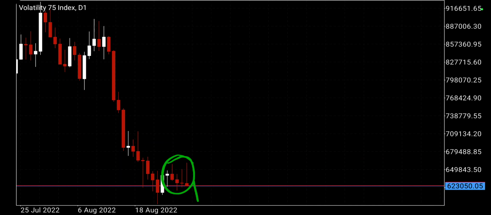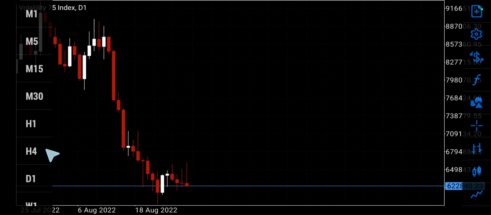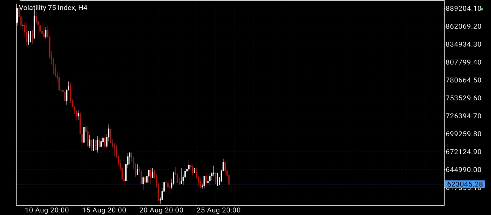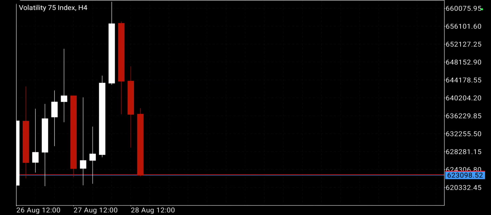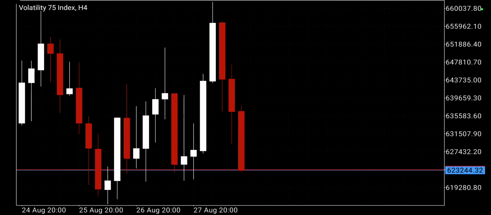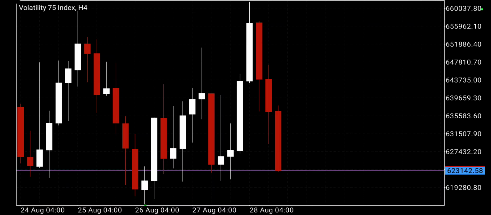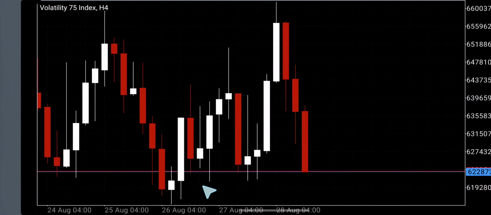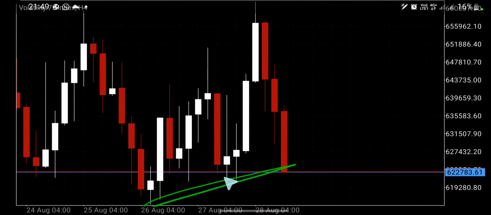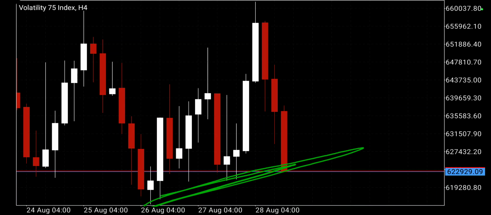This might end up just being swallowed and go all the way down. So if you decide to take a buy from this point here, yes, I understand you have a trend line, but you need to be very careful, because things might just go south.